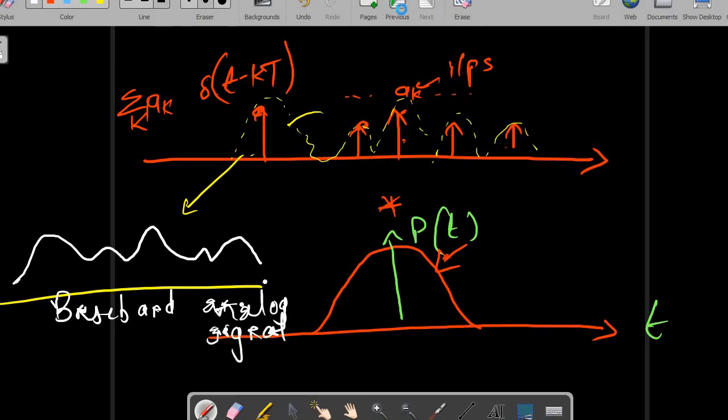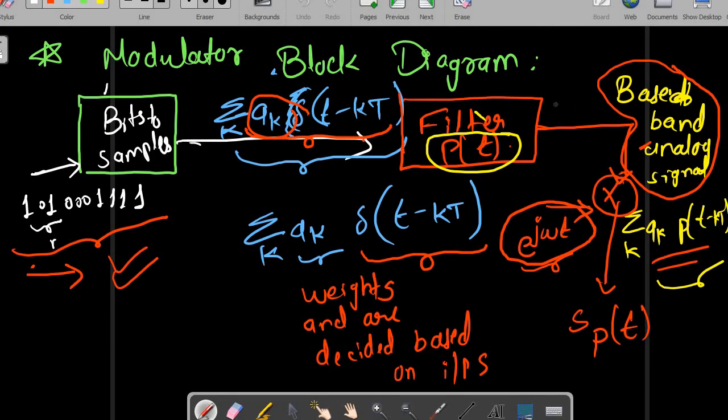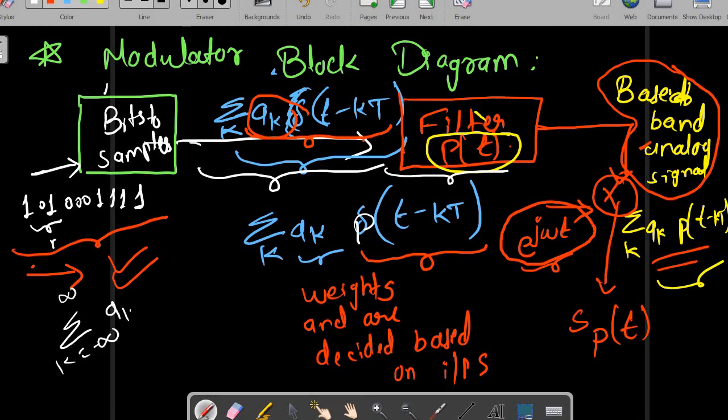Let me show you that this baseband analog signal is generalized by just multiplying this input with our filter response, and we are left with just p here. So let me show you the convolution property, how this works. Summation over k of a_k delta(t minus kT), convolved with p(t).